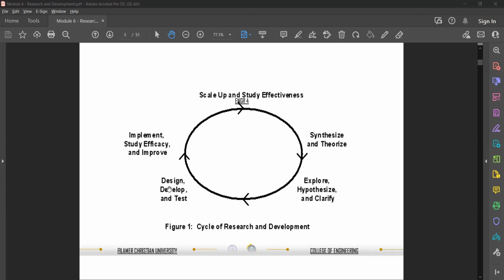Then it follows with the design and development, and of course the testing. And then after that, it will proceed with implementation, then study of the efficacy and improvement based sa research. So after you research, then you develop. Then the cycle goes on and on. Okay? So this is the cycle of research and development.